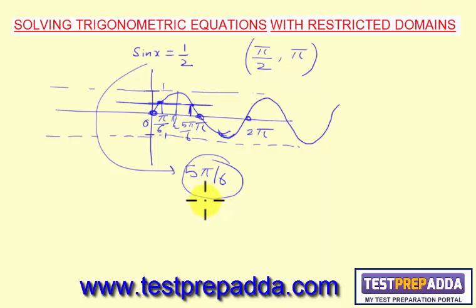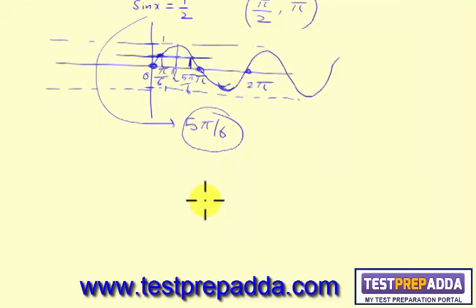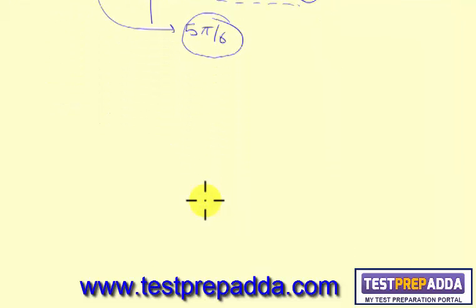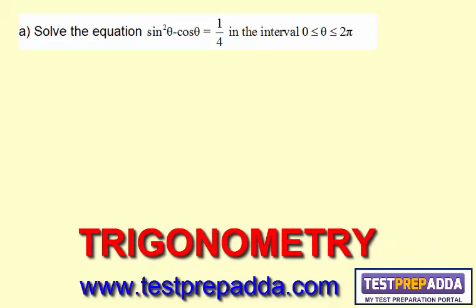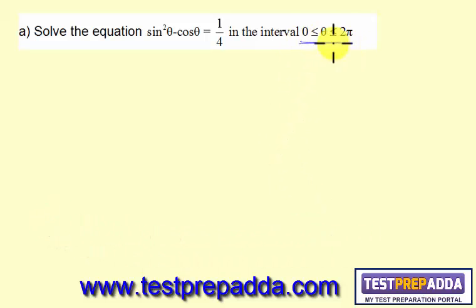Got the idea? Now, to understand this, I'll take few questions here. Here the question says, solve the equation sin square theta minus cos theta is equal to 1 by 4 in the interval 0 to 2 pi. So the domain here is given as 0 to 2 pi.